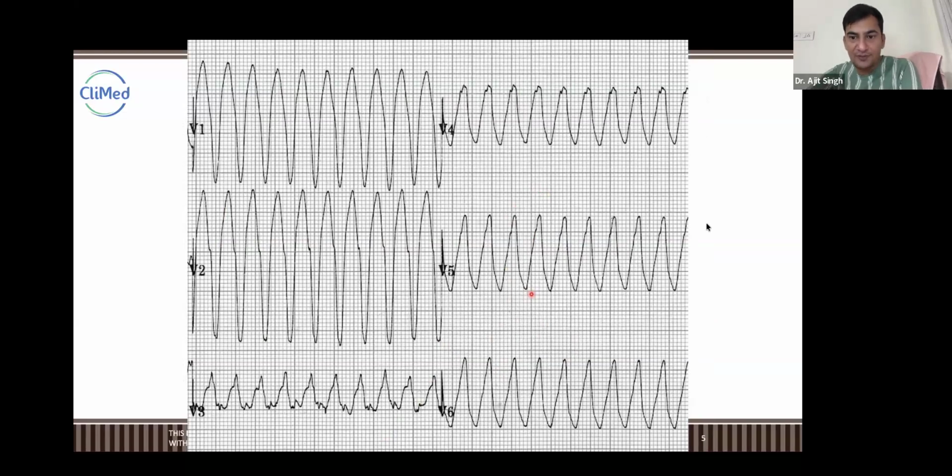Monomorphic VT. Wonderful. Very nice. Monomorphic VT. Perfectly fine.